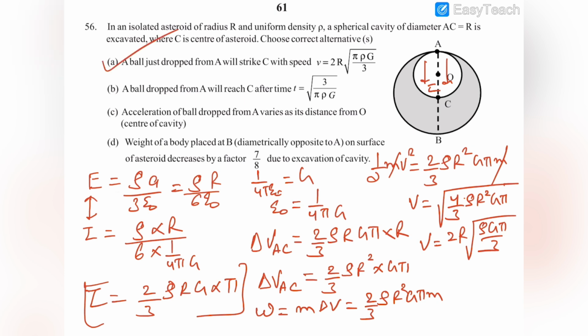And the next option says that the ball will take time t to reach from A to C. Let us examine this also.